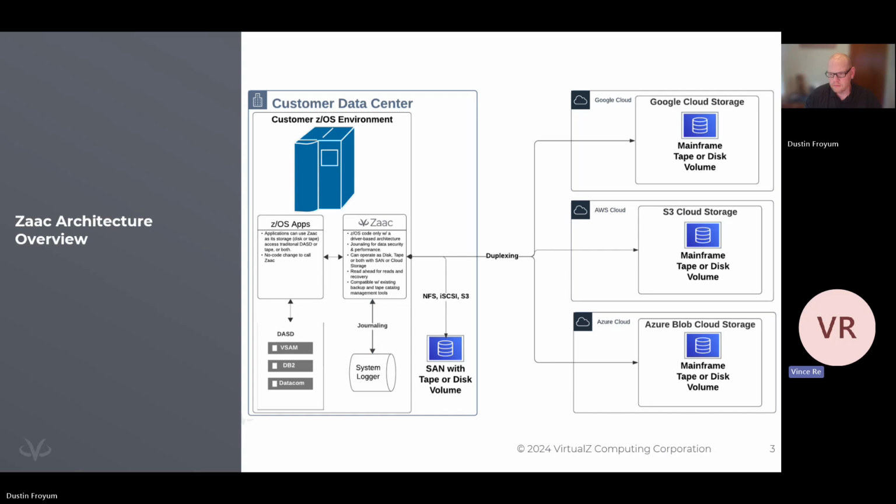So if performance is your number one thing, and by the way, I can't put numbers to this yet because we haven't had the chance to benchmark it in a real large client environment, but our feeling is that if I have a large mainframe environment and a robust network, maybe 100 gig connections, I probably can communicate to that iSCSI device, especially if it's a SAN right in my own environment, and there's probably not much difference in performance between that and local mainframe disk.